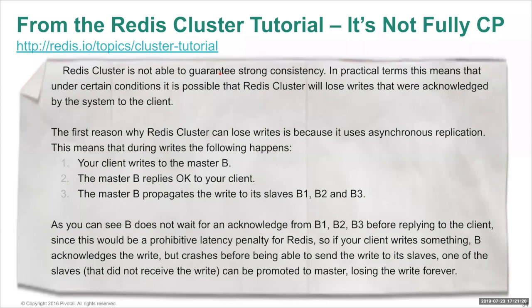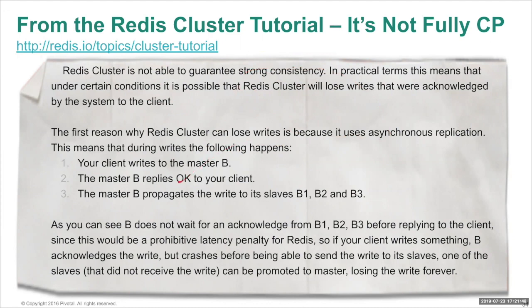But if you look at their own redis.io cluster tutorial, for the strong consistency use case that I was talking about earlier, which you can use for banking, insurance and trading industries, they do not actually guarantee it. They wrote that in this document.